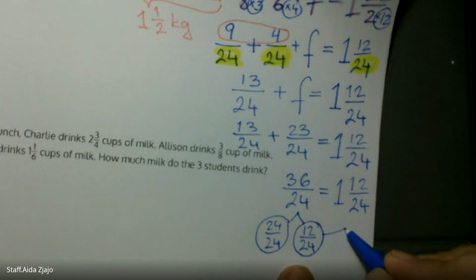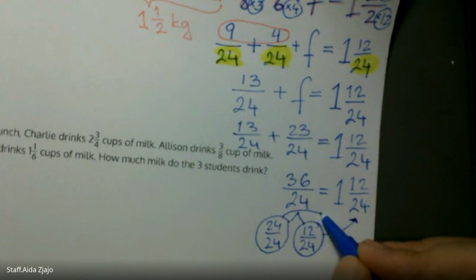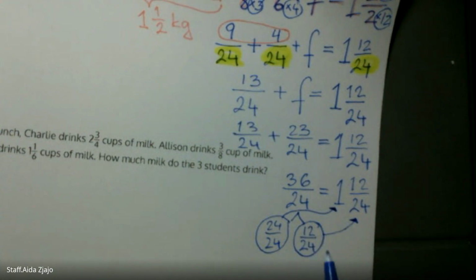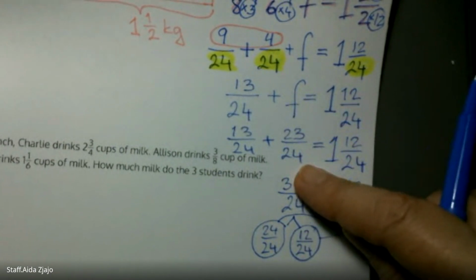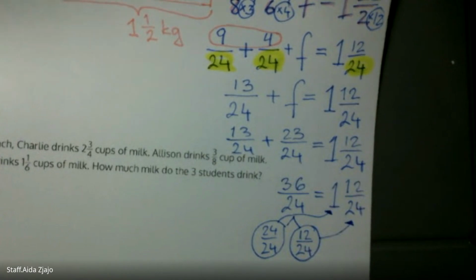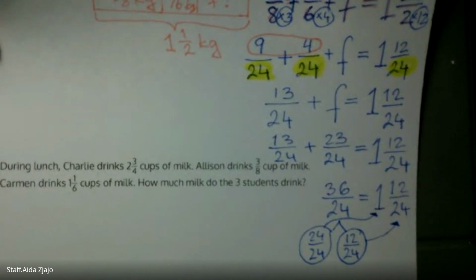So 36/24 is 1 whole and a half, so my guess was correct. F is 23/24. But let's see if we can prove that answer in different ways.